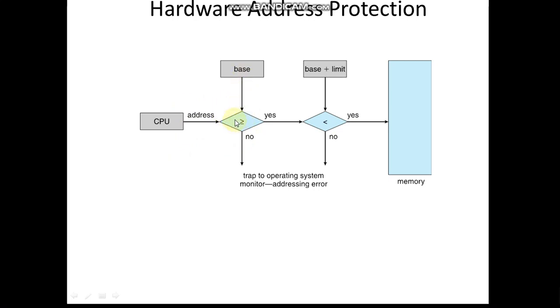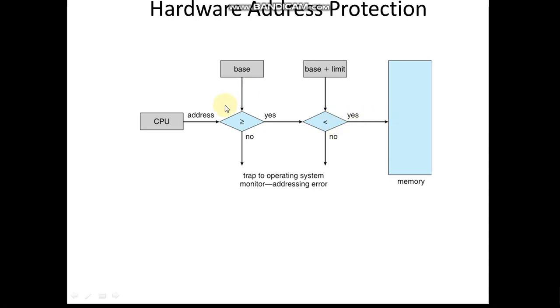The address generated should be greater than or equal to the base address. If it is so, then only it goes to the next stage. In the next stage, it checks that it should be less than base plus limit. If it is so, then only it is accessible.